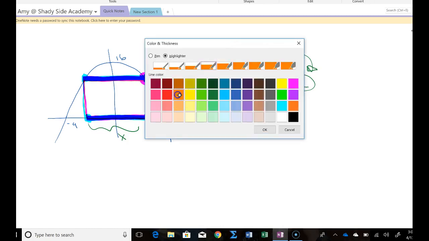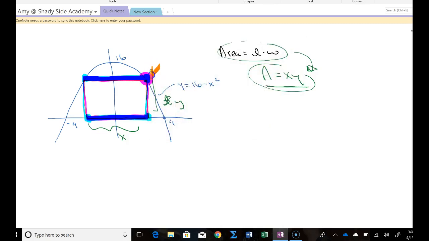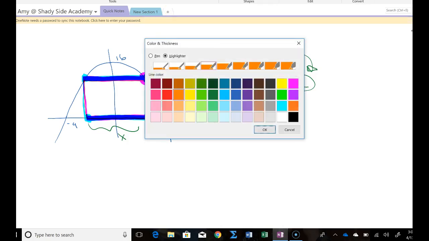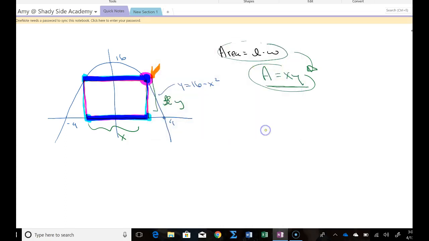So that point, he said, let's just call this point right here x comma y, okay? So now I'm going to be very careful and just erase kind of this x and y. Let's call that point x comma y, all right?